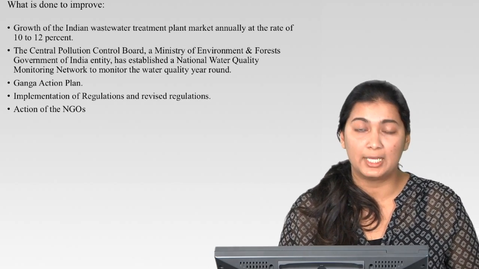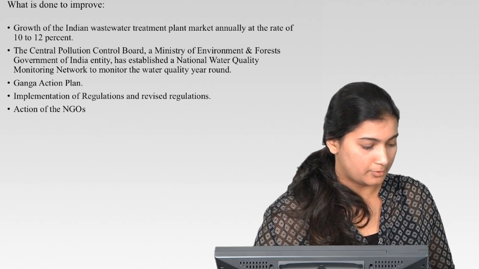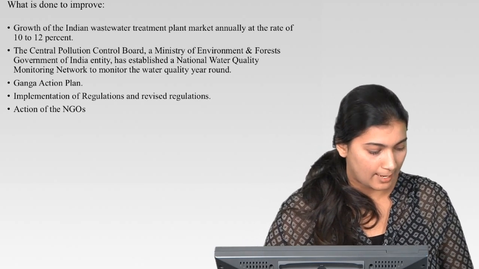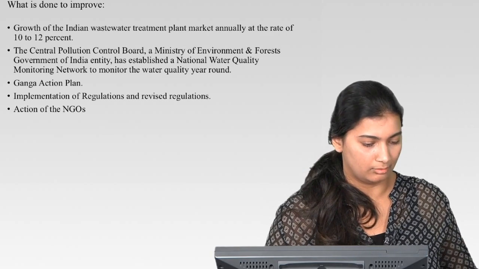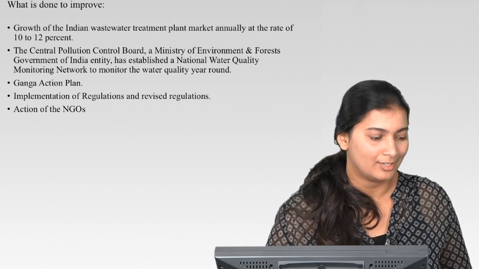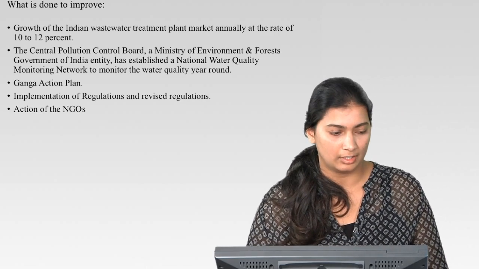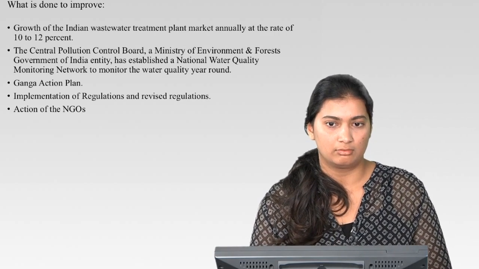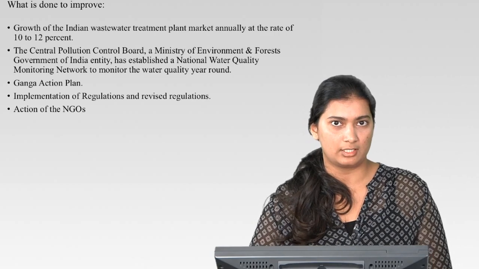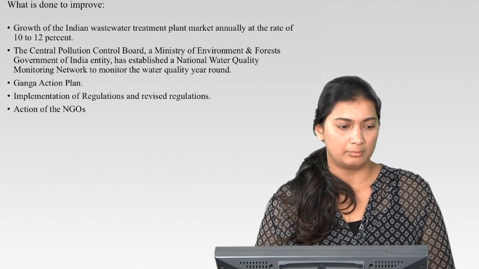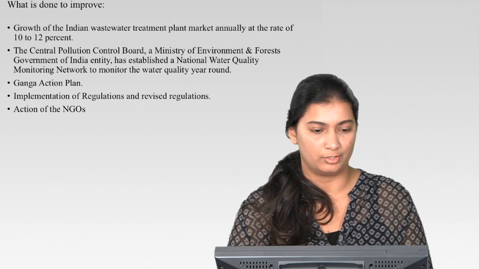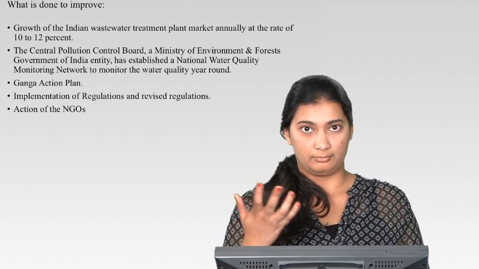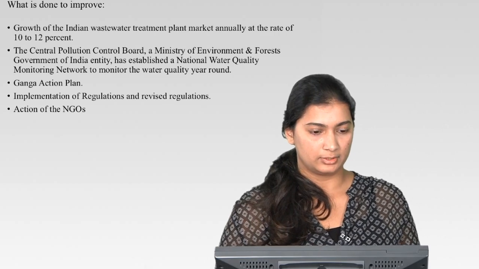The Ganga Action Plan was proposed by the government in December 1984. So that is pretty old. It's in the second phase, and I don't exactly know the statistics, but it's got a pretty good improvement, and it's in the news, the positive points of the news. Again, positive points are in the news always.